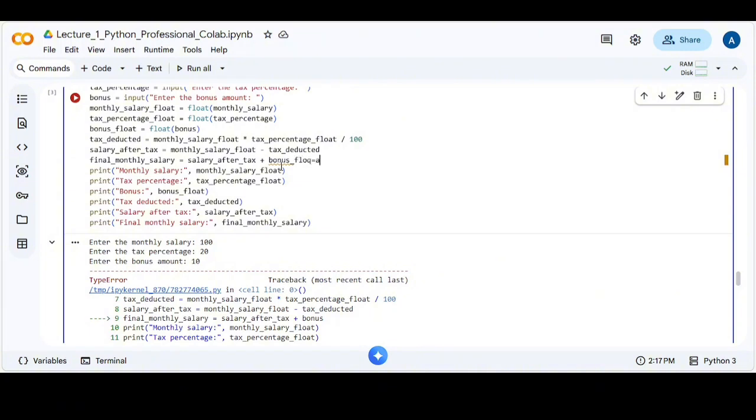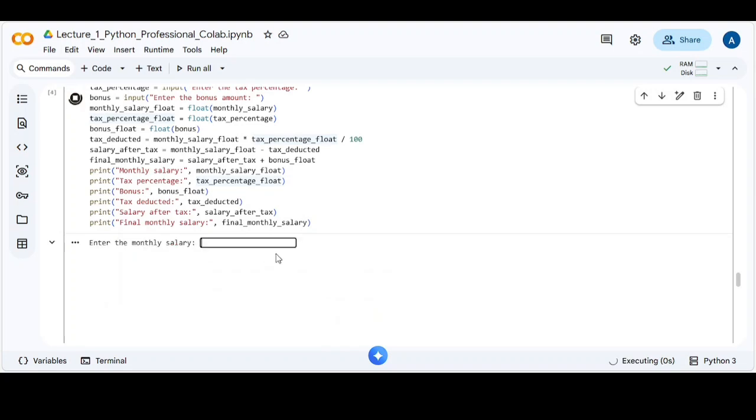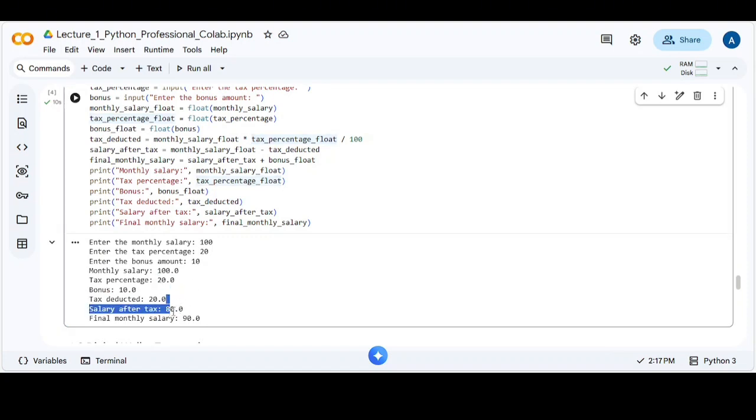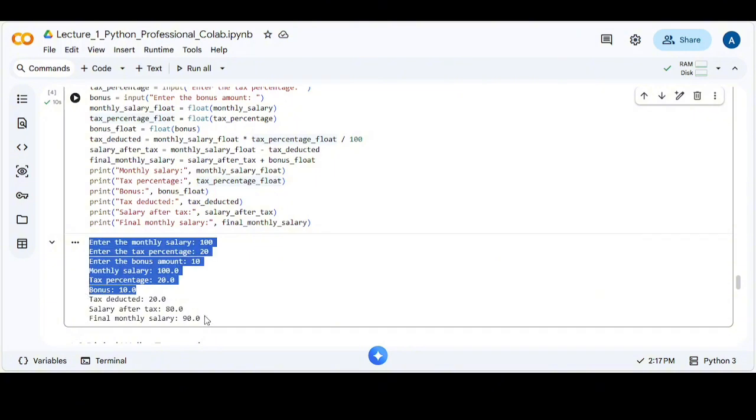We have to use the value that's being converted. So let's run it again. Monthly salary is 100, tax percentage is 20, bonus amount is 10. We can see that after tax percentage we are left with 80, and after adding the bonus, which was 10, we get 90.